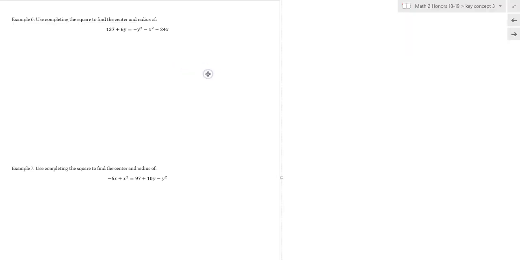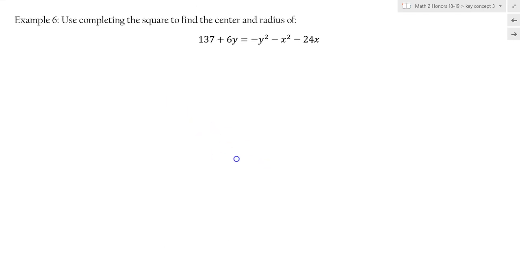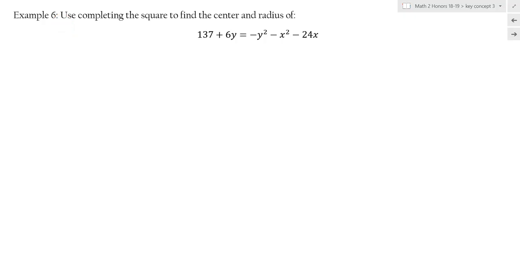It's not in the right order. So the first thing I do is get the whole thing equal to 0. So I'm going to get rid of everything on this side. I'm going to add y squared, I'm going to add x squared, and I'm going to add 24x. All of those things are going to go over here.